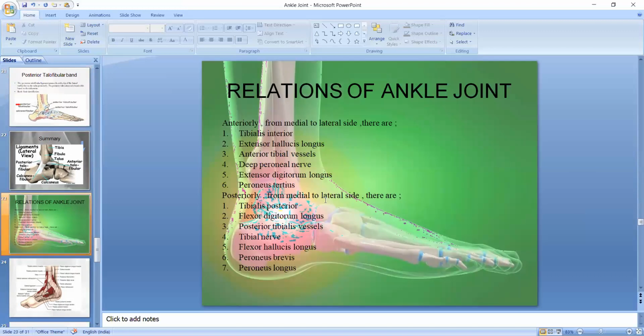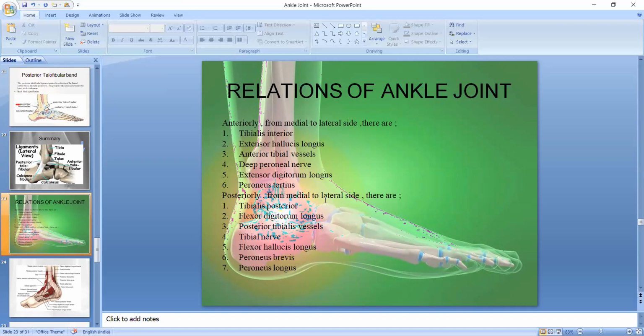Relations of the ankle joint: anteriorly, from medial to lateral side, they are related to tibialis anterior, extensor hallucis longus, anterior tibial vessels, deep peroneal nerve, extensor digitorum longus, and peroneus tertius.